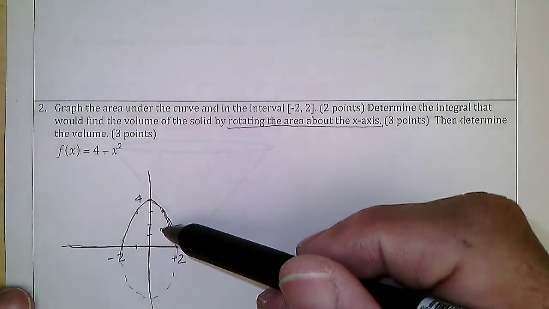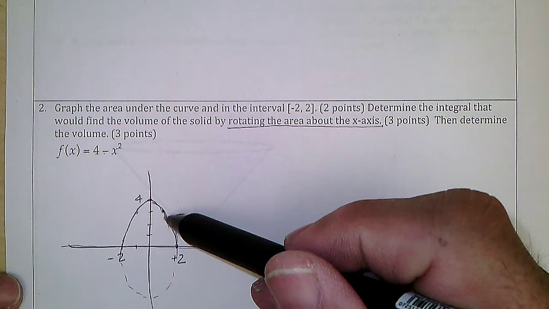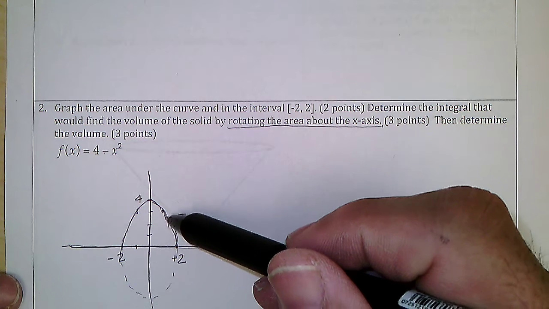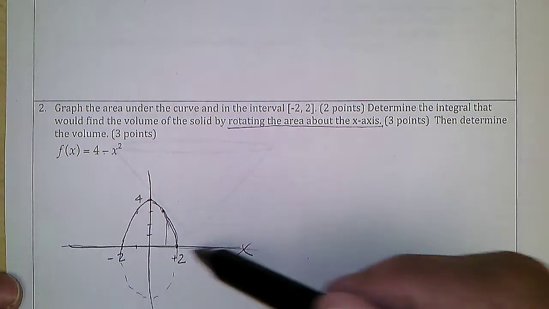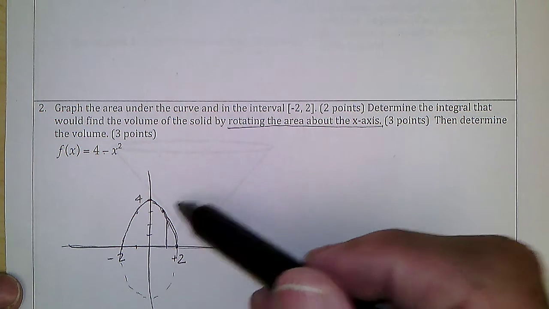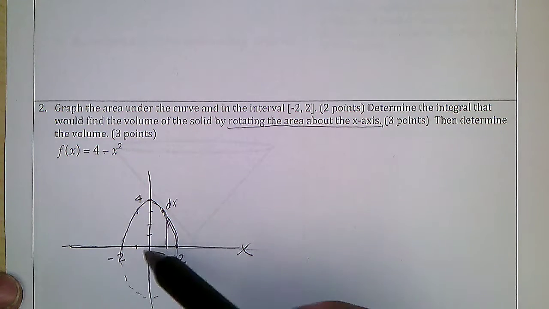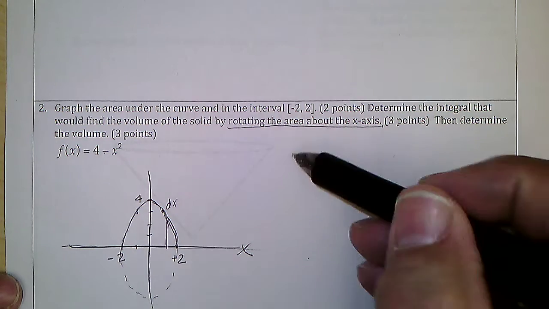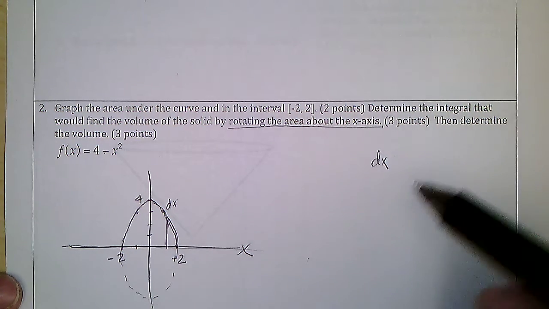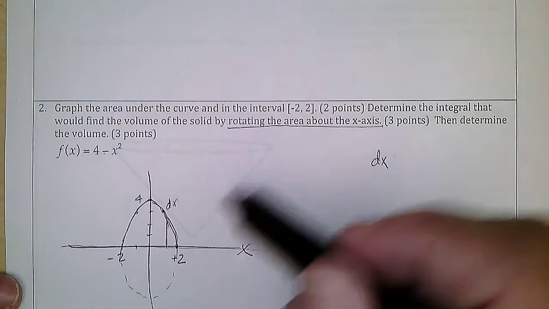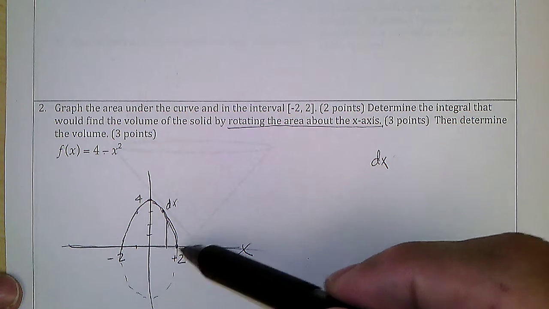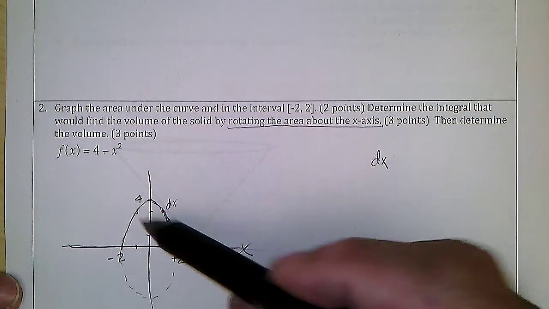If I do disk method, I'll do them both here. Disk method, I would slice it perpendicular to the axis. The thickness of the disk would be dx because its thickness is in the x direction. So it'd be dx, and I can do all of it from -2 to 2, or I can go from 0 to 2 and double it.